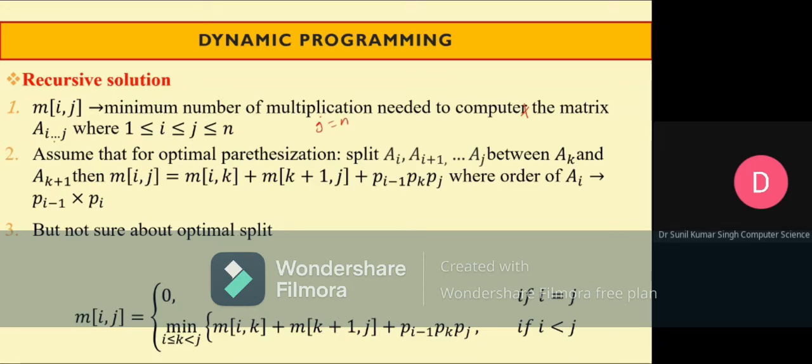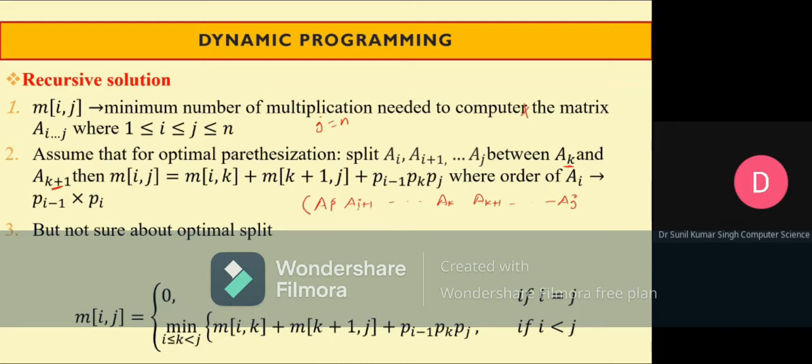Now look at here. Assume that the optimal parenthesization splits Ai to Aj between Ak and Ak plus 1. Let's look at here: Ai plus 1 till here, Ak plus 1, and here Aj.